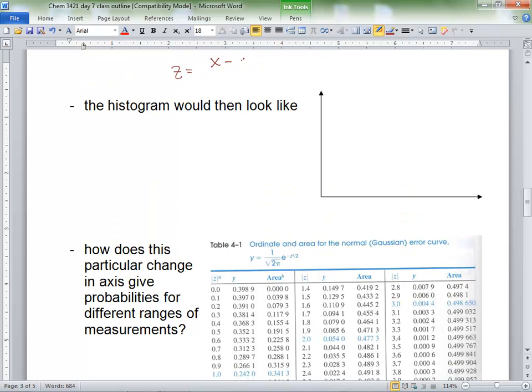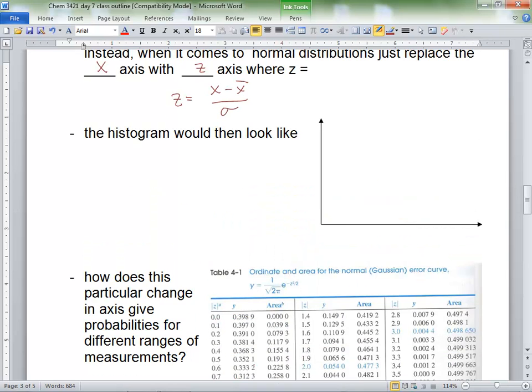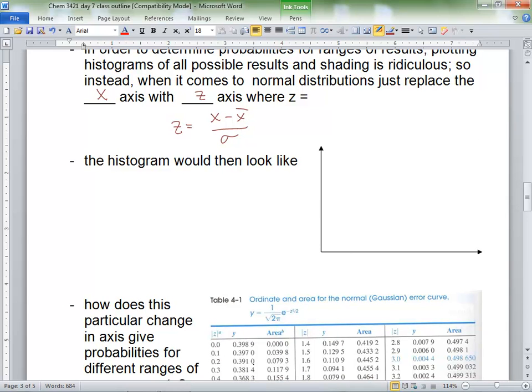Your measurement minus the average, all over the standard deviation. Now when I cheated, I was looking down here, but notice that's for a population. So I just replaced mu with the average and sigma with my s.